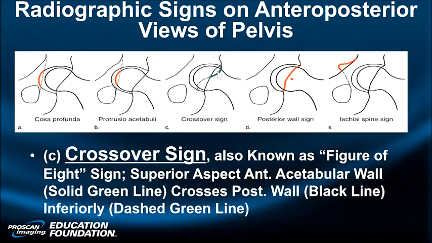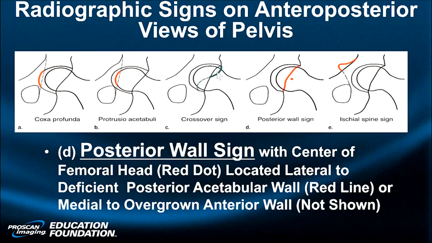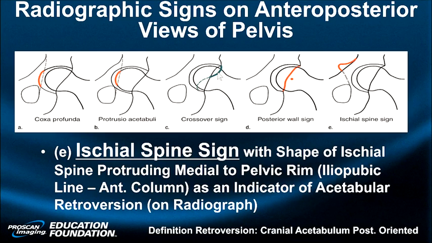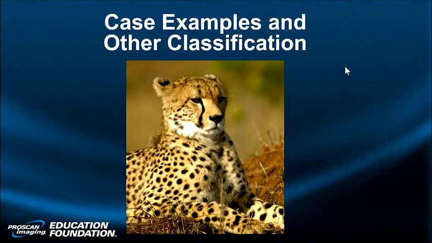So let's say this is superior, this is anterior, I apologize, anterior, posterior. And then as you start to go down, they switch positions. That's the crossover sign. And the posterior wall sign, very self-explanatory. And the ischial spine sign, also very self-explanatory, protruding medial to the pelvic brim.